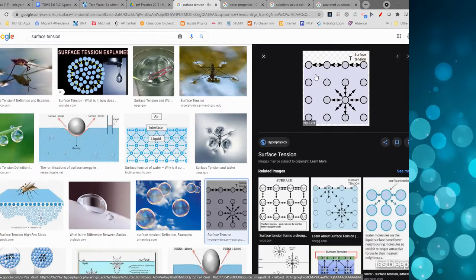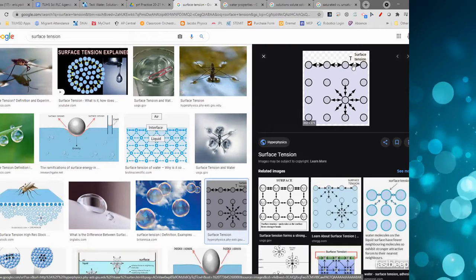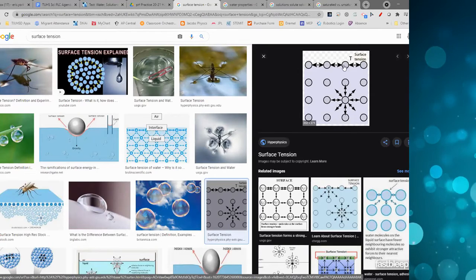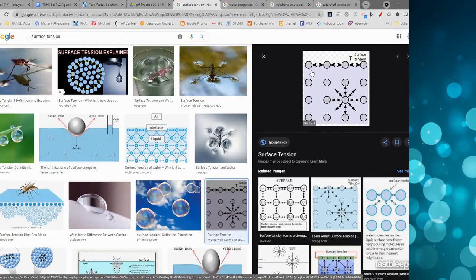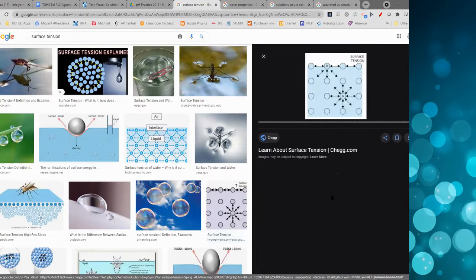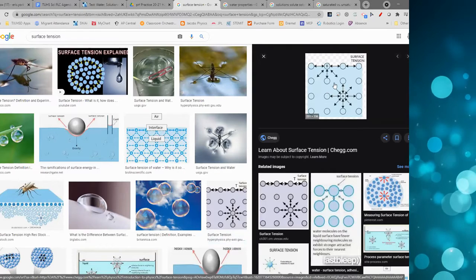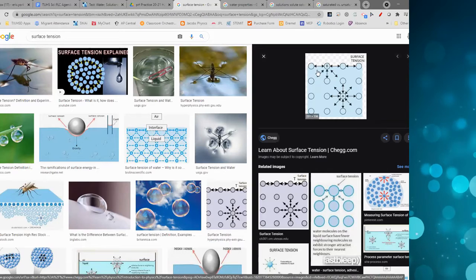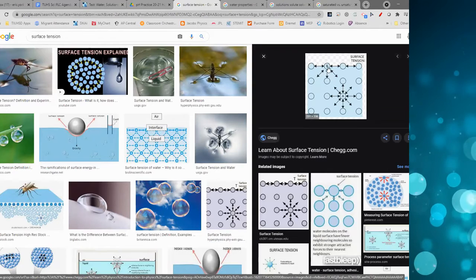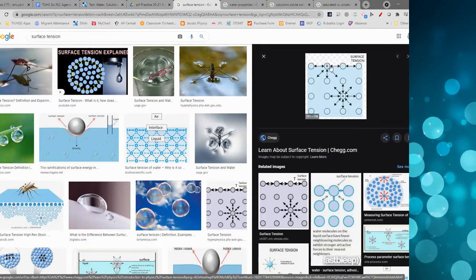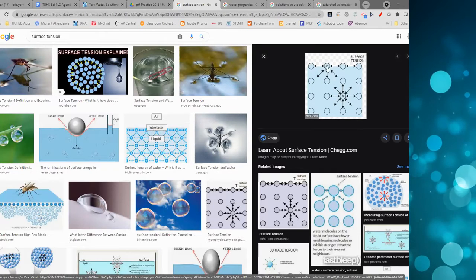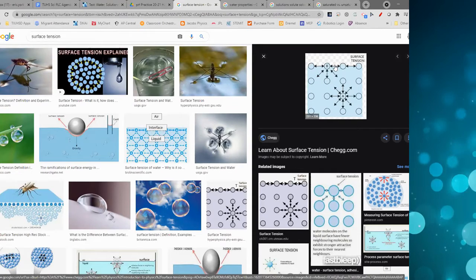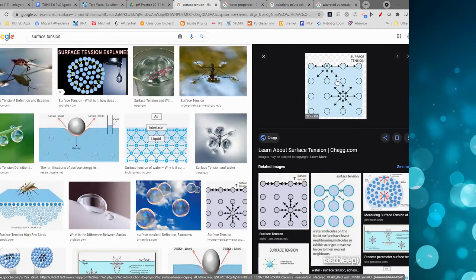However, at the very top of the water, those water molecules can only be attracted to each other sideways, or they can have a force of attraction below. This one does a better job showing that. You can see here that at the surface of the liquid, all of those forces of attraction are directed sideways, down, or diagonal and down, but there's nothing attracted above because there are no water molecules above.